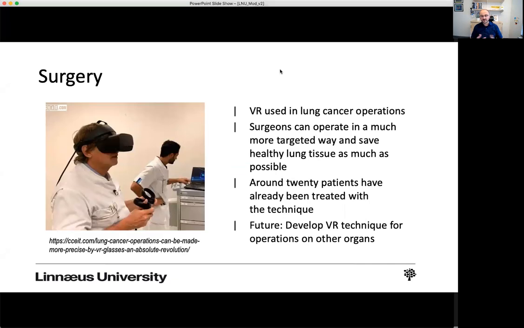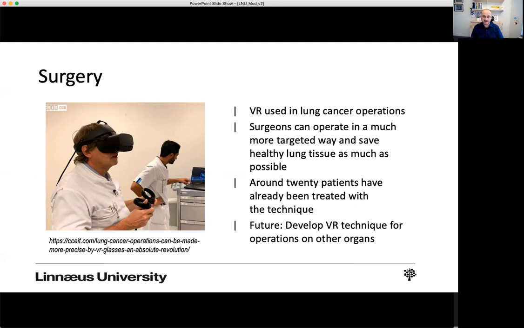There is an example here, especially if you follow the link below, where VR was used in lung cancer operations. The article shows that the surgeons could operate in a much more targeted way and save healthy lung tissue as much as possible.